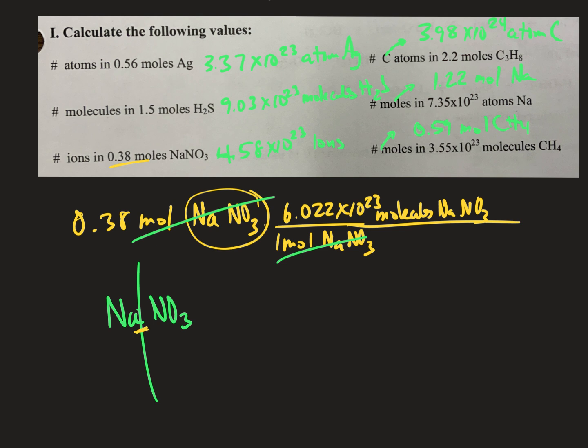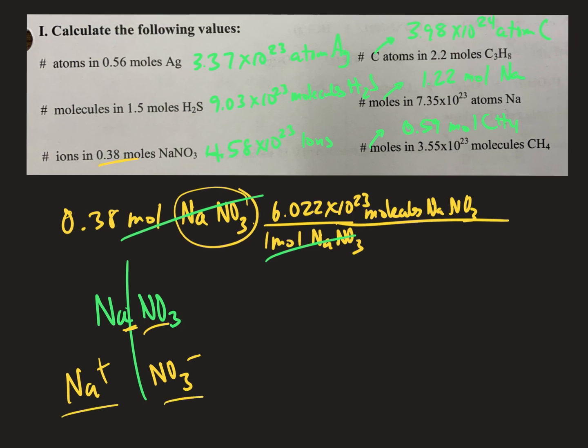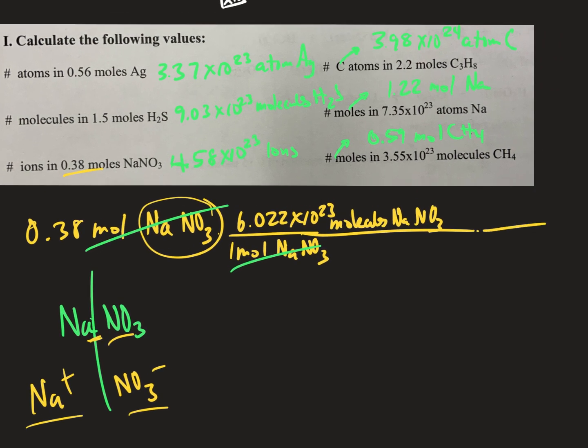There's only 1 sodium. How many nitrates are there? Why is there only 1 and not 3? There's no parentheses, right? So there's only 1 nitrate. So that's 1, 2. So for every 1 molecule of sodium nitrate, we have 2 ions.